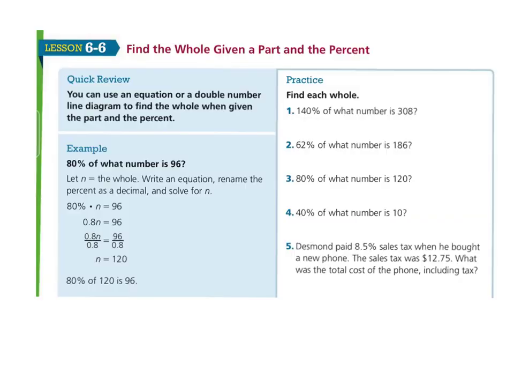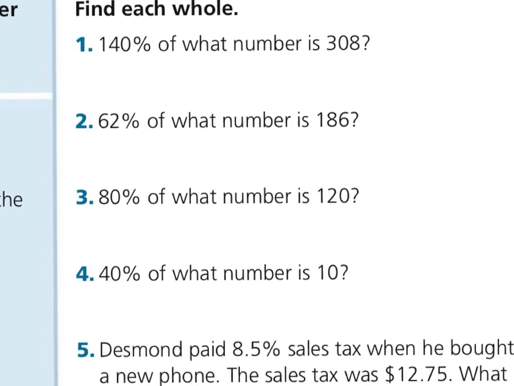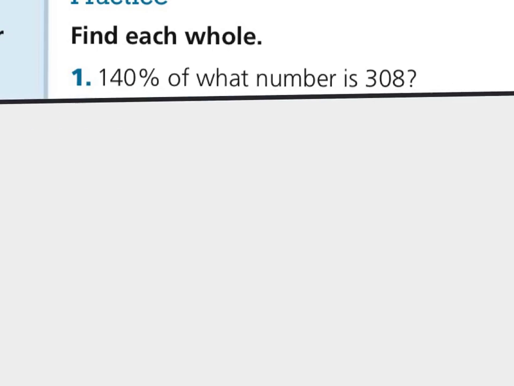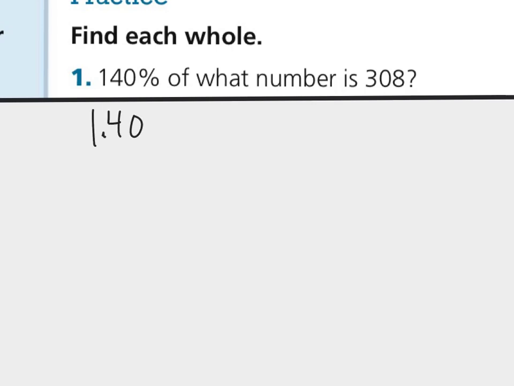Lesson 6 was finding the whole. So this is where there are different ways of doing it, but I like to work with the percent equation again with these. So 140%, we're going to change that to a decimal. You don't need the 0 at the end, but if you put it there, it doesn't hurt anything.